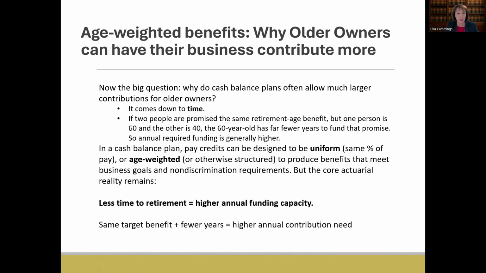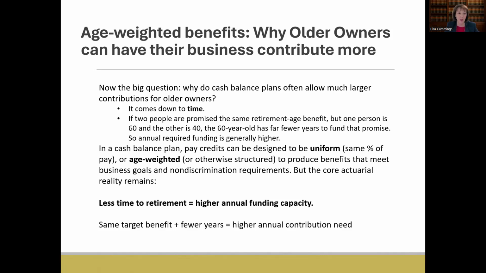In a cash balance plan, pay credits can be designed to be uniform so that all participants have exactly the same percentage of a pay credit or the same flat dollar amount, or the cash balance plan can adopt age-weighted or otherwise structured to produce benefits that meet business goals and ensure IRS non-discrimination requirements.